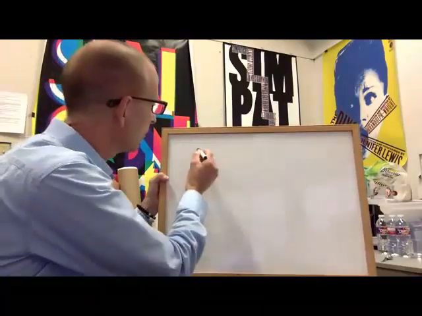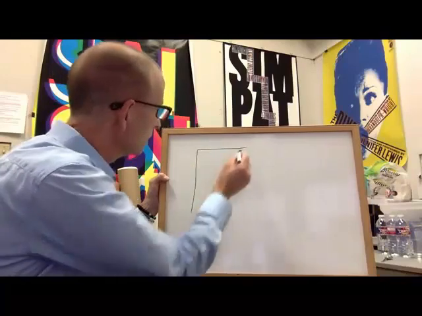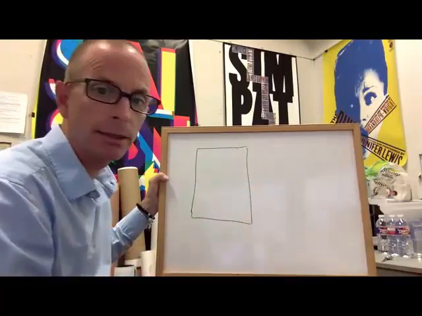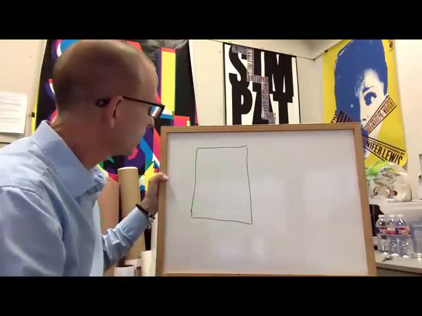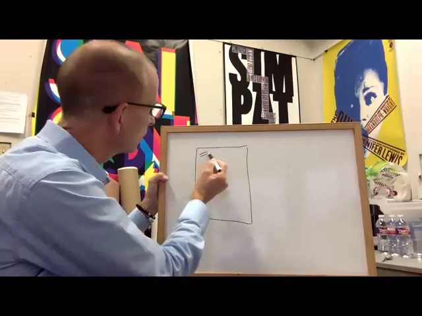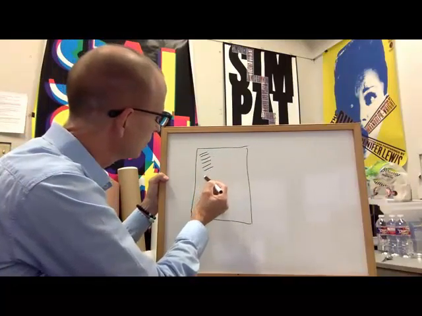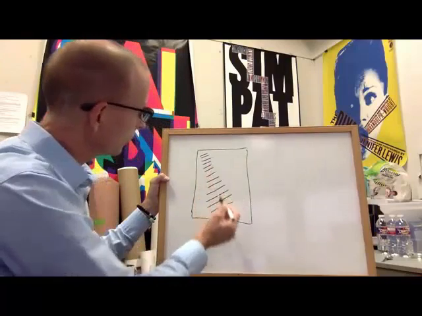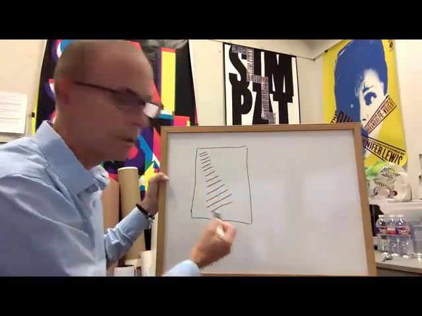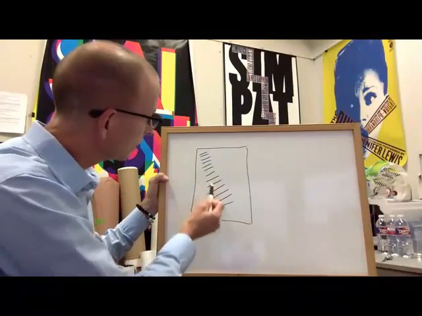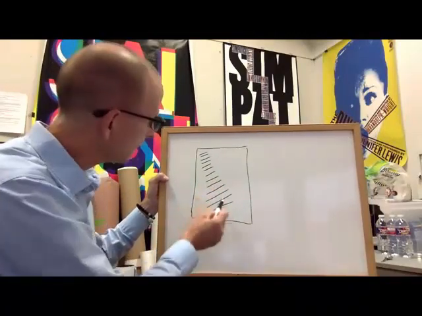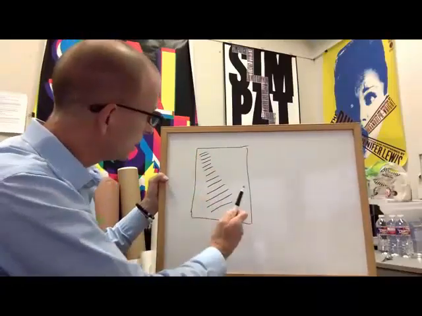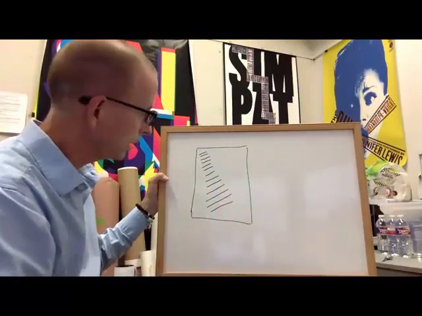Let's say we have a basic composition that I've defined by this simple rectangular shape here, and then as I begin to develop lines down the page, it's creating direction, and it's also repeating and changing in size and scale. So it's creating a certain flow or rhythm throughout the composition.